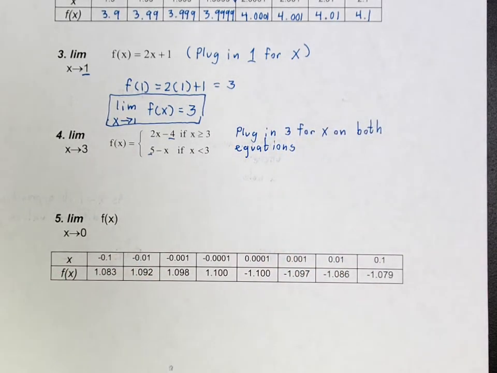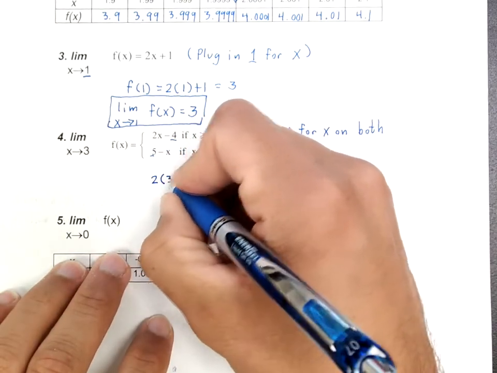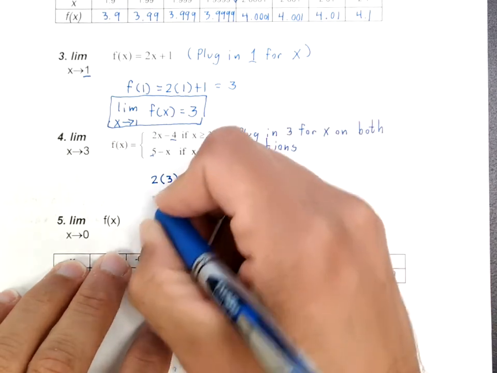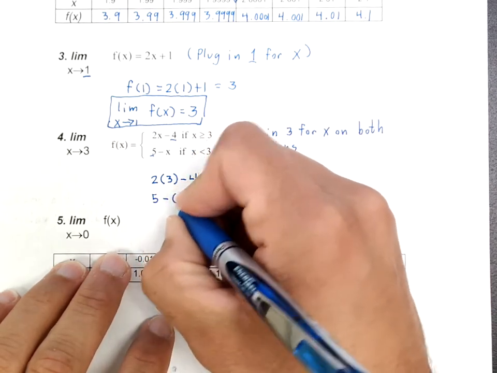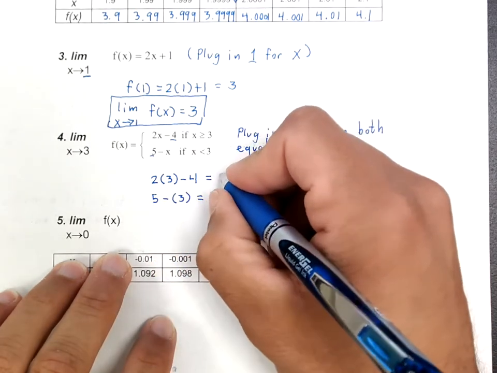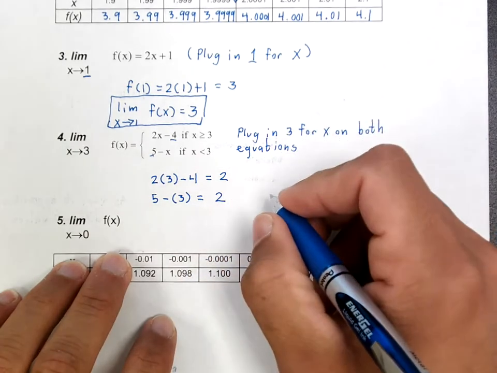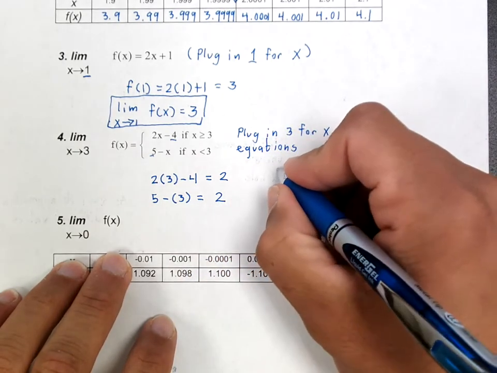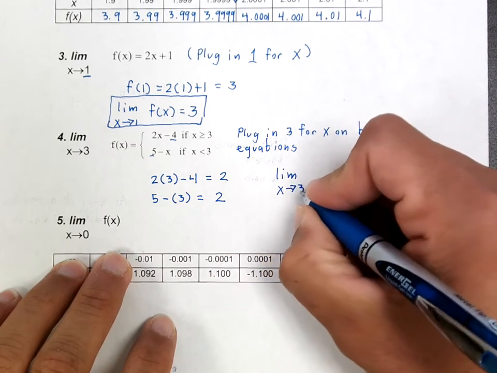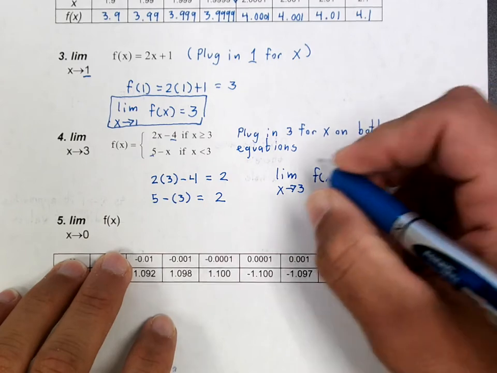We have 2 times 3 minus 4, and then we have 5 minus 3. So 6 minus 4, which is 2, and on this one 5 minus 3, which is 2. Okay, so therefore, the limit as x approaches 3 of f of x is equal to 2.